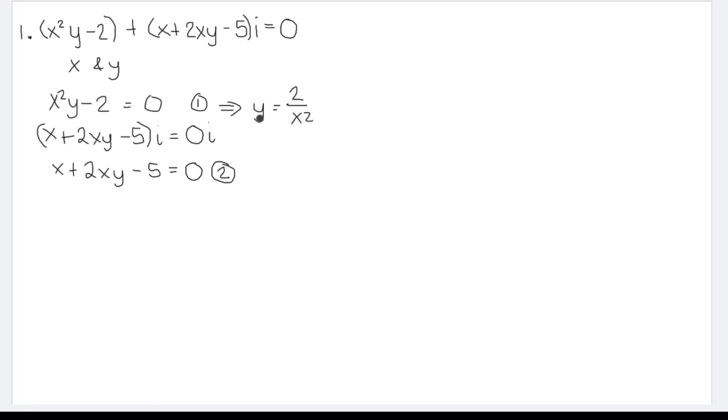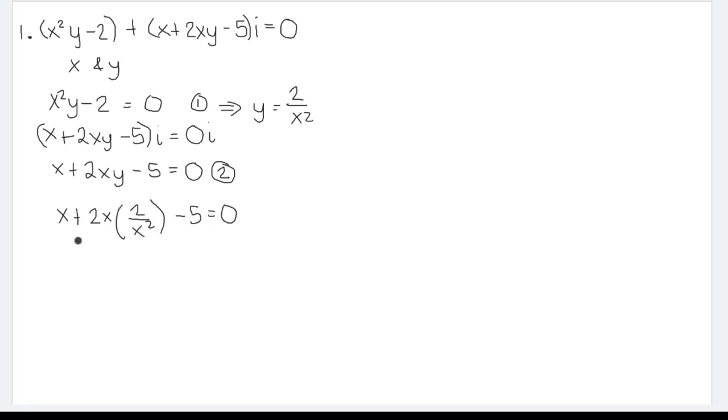Then we just substitute equation 1 into our equation 2. So we substitute y with 2 over x squared in our second equation, that's x plus 2x times 2 over x squared minus 5 is equivalent to 0.